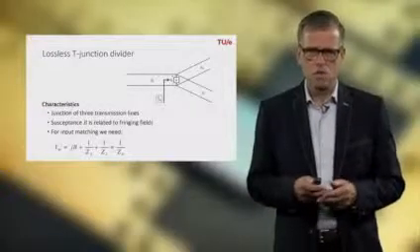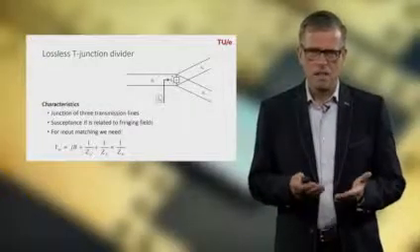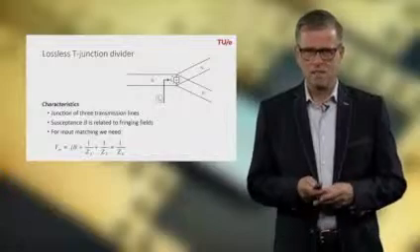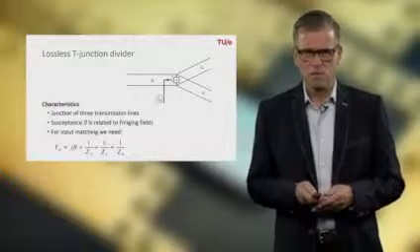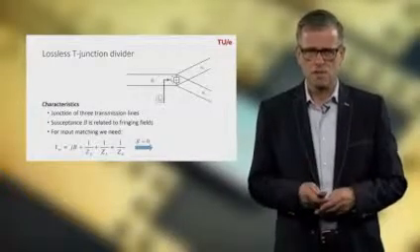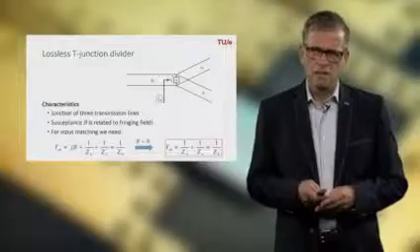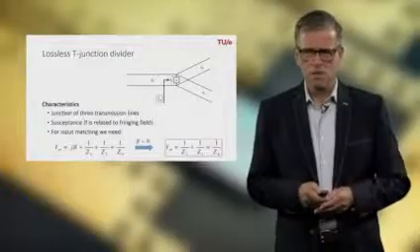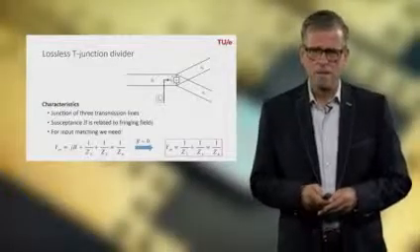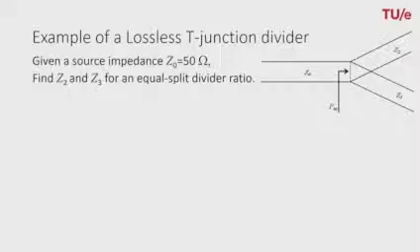So it should be equal to 1 over Z0. In case we neglect the fringing fields, we can say that the susceptance is 0 and that the input admittance simply reduces to this form here. Now let us take a look at an example of such a lossless T-junction divider.